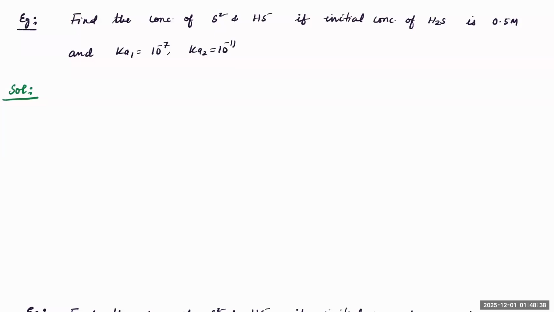Just as a part of practice, everybody, please try to rewrite the equilibrium reactions once again. Please simultaneously do with me. H2S is a diprotic acid. So let it ionize into H plus and HS minus.